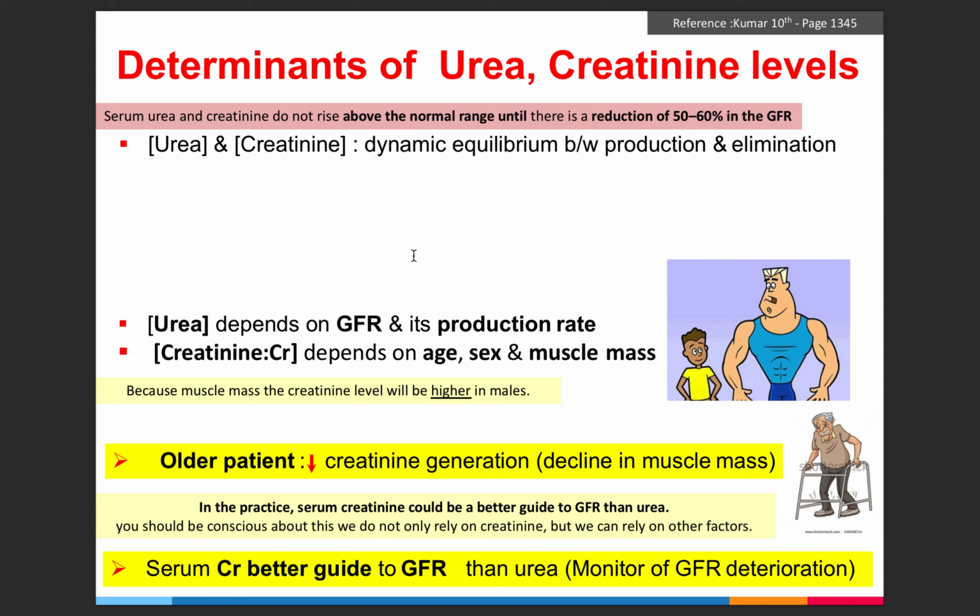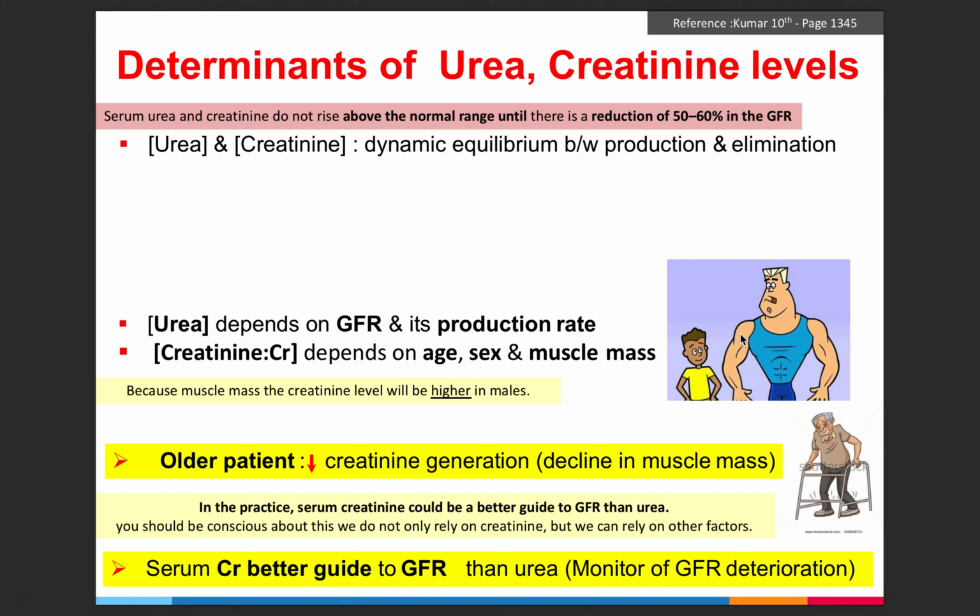So the determinants of urea and creatinine levels, there are so many things. If you want to know them, just write MDRD. If you are a muscular male patient, you will have more creatinine, because the degradation of the purine synthesis will result in urea and creatinine.